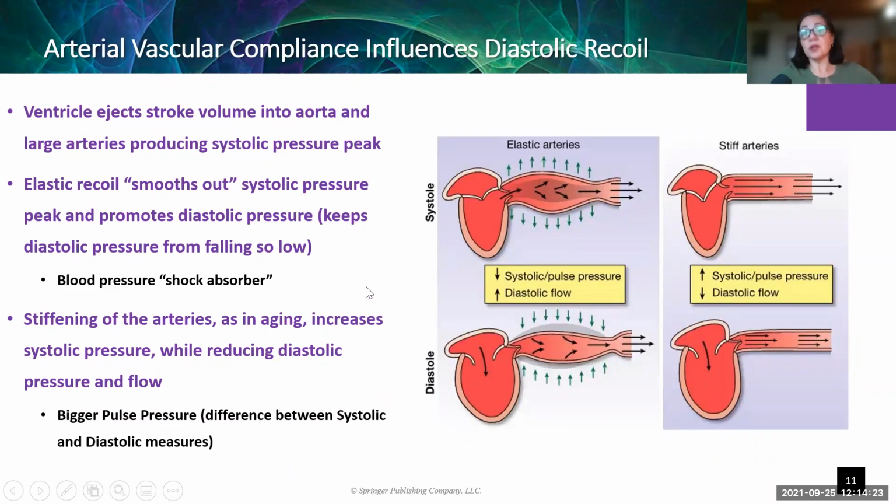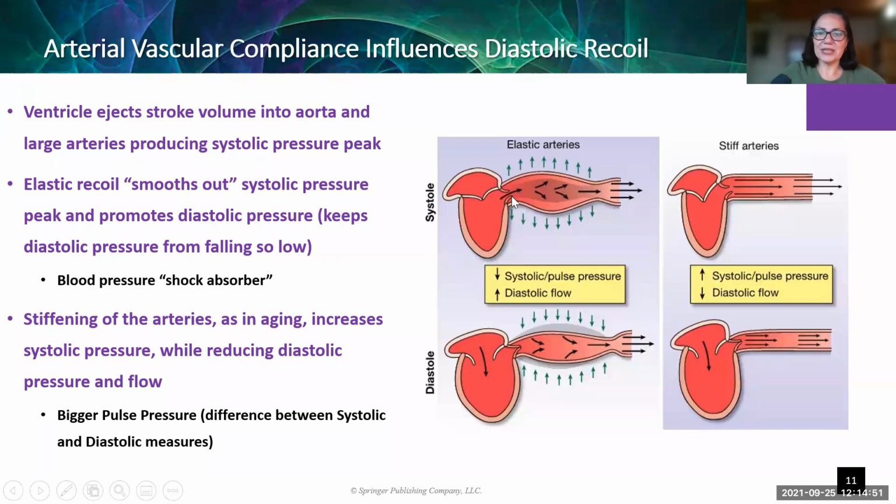All right, so you know that the heart contracts and relaxes. Contraction is systole, relaxation is diastole. So clearly, when the heart contracts, when the ventricles contract, they're going to push out a big volume of blood into the aorta, right? And the large arteries are going to experience this increase in pressure.